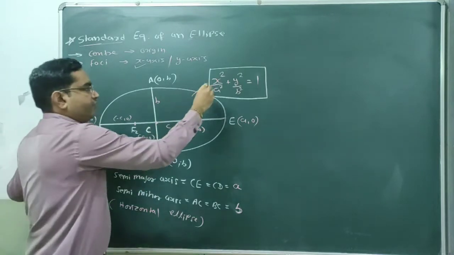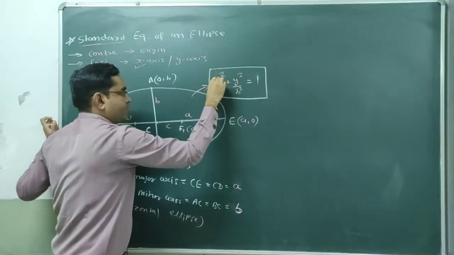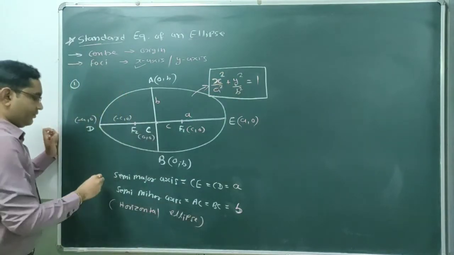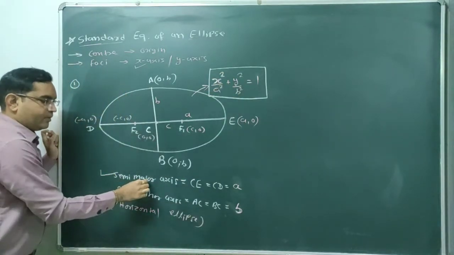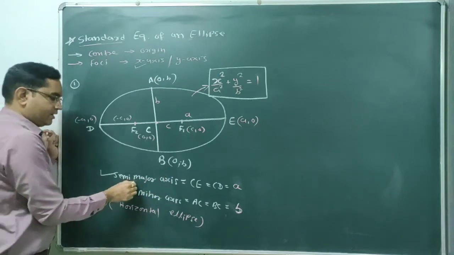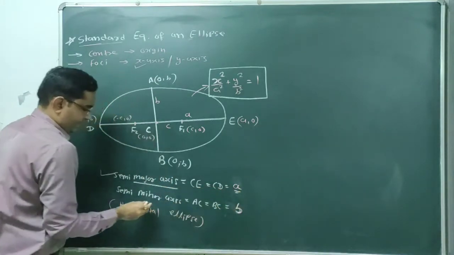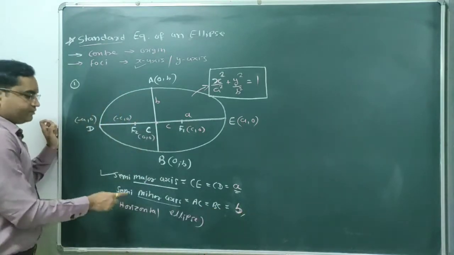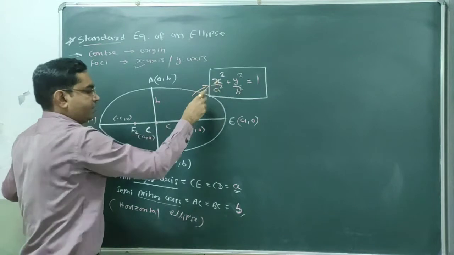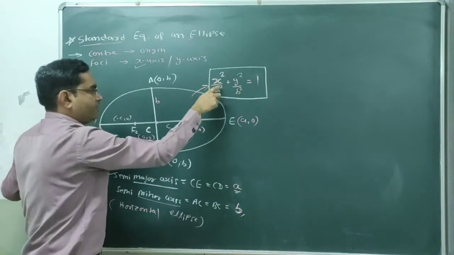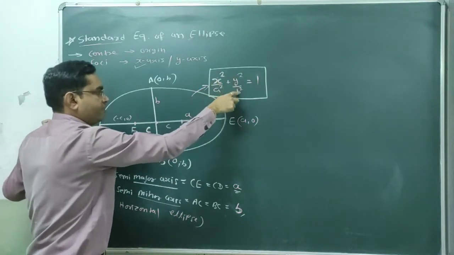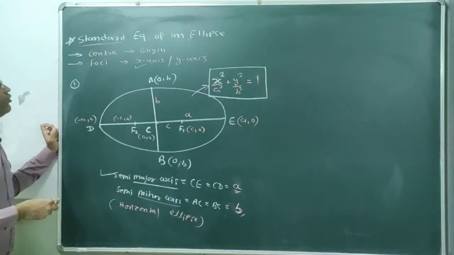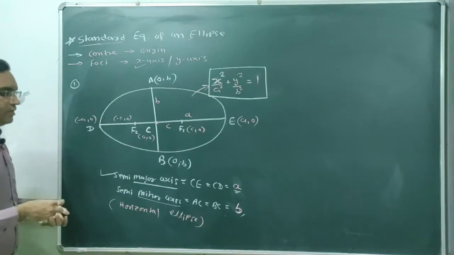So here we have to write this a square in the denominator of x square. Always in case of ellipse, we'll always consider semi-major axis as small a, and semi-minor axis as small b. So here major axis is along with the x-axis. So equation of this ellipse is x square by a square plus y square by b square equal to 1. This is first case. Only two possible types of ellipse are there. Done?